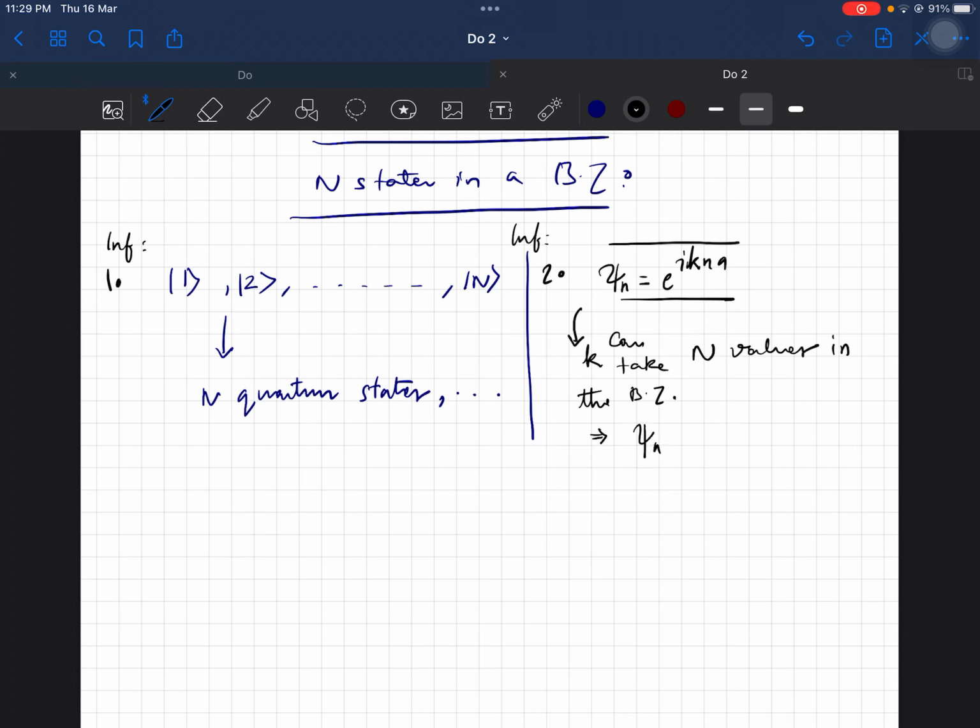That means psi n takes n values. Within the Brillouin zone, there are exactly n quantum states of the form 2.3, but that's what we expect as it's the dimension of the Hilbert space.